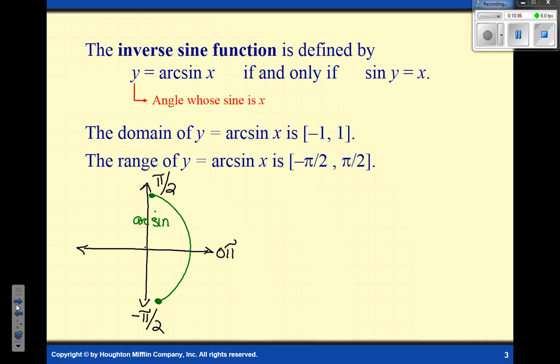It's outside of the interval pi over 2 and negative pi over 2. So what is another way that I could state 7 pi over 4 and be within this restriction? Negative pi over 4. Now that's an answer that I'll take. 7 pi over 4 won't work. It's outside the restriction.